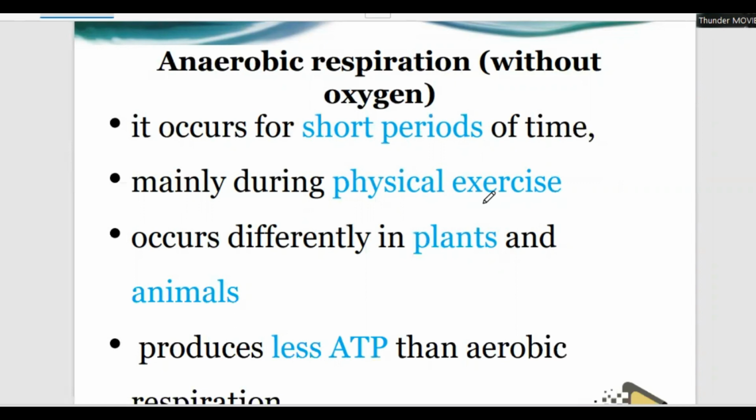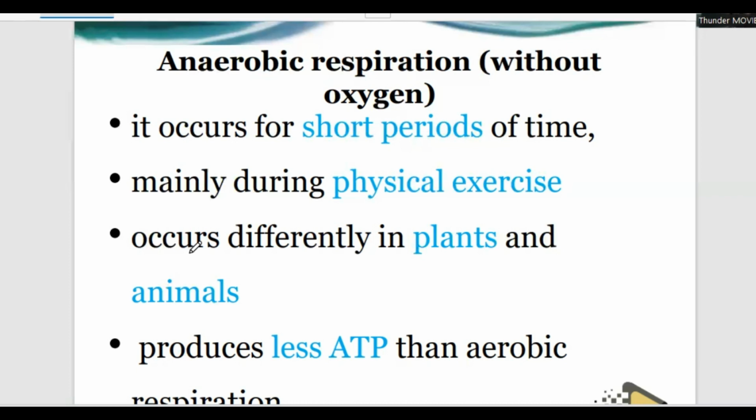So what happens? The body needs energy, so it breaks down glucose without oxygen. Energy is being released, but it releases less energy. It means that you use a lot of glucose for a limited amount of energy produced.